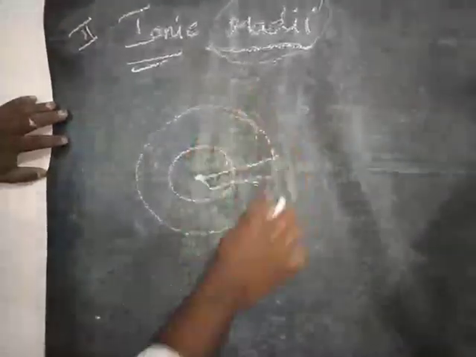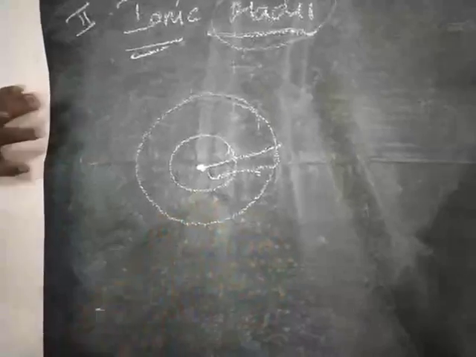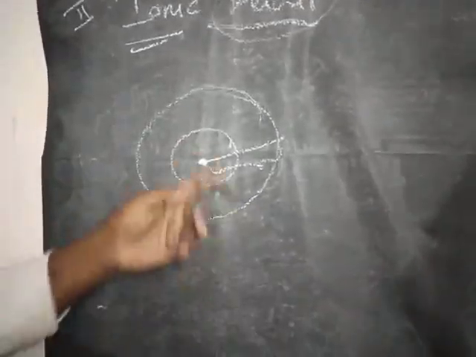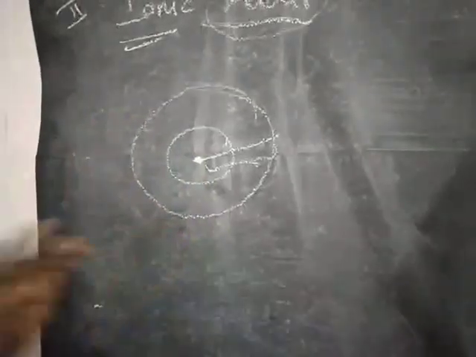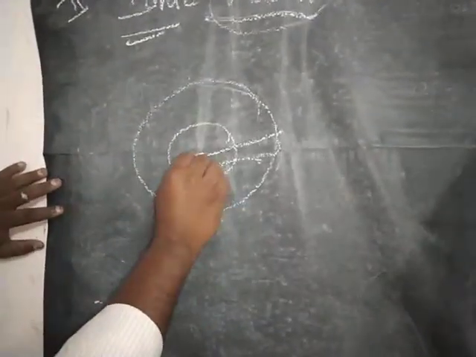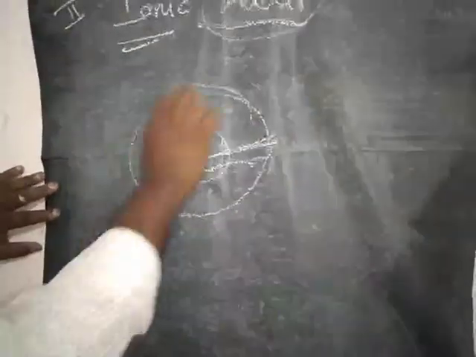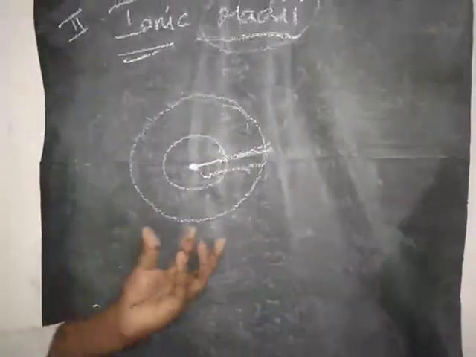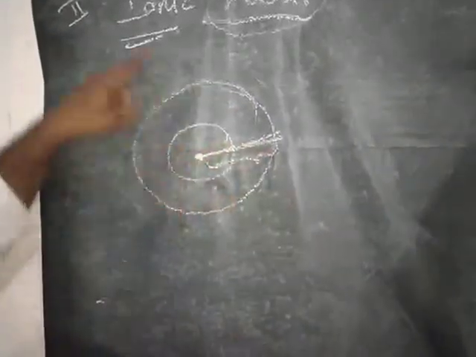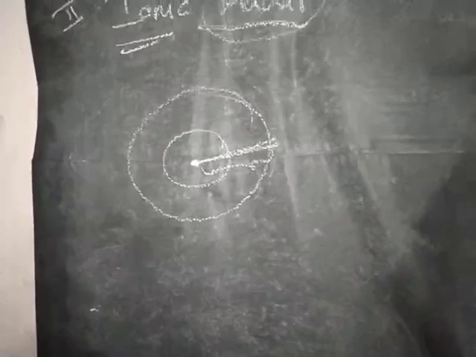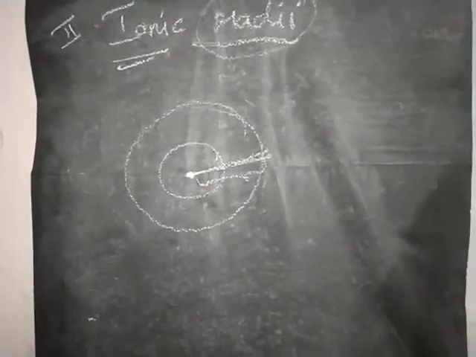So what is meant by ionic radii? The number of electrons in the outermost shell may differ. The distance from the center of the nucleus up to where the outermost electron exerts force is called the ionic radius. Ions mean charged particles.